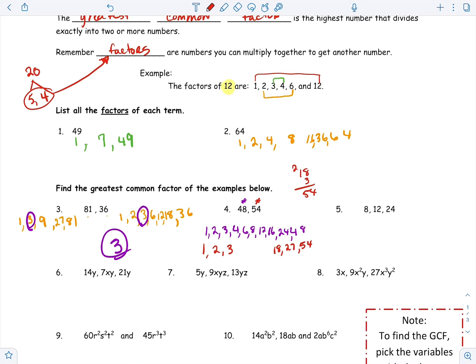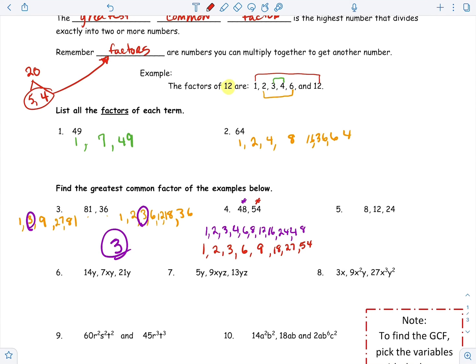So 3 and 18. 4, yeah, 4 and 54 doesn't work. 5, no. 6, yes. 6 and 9. And there we have it.